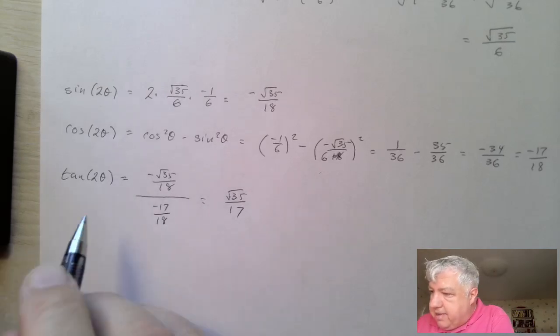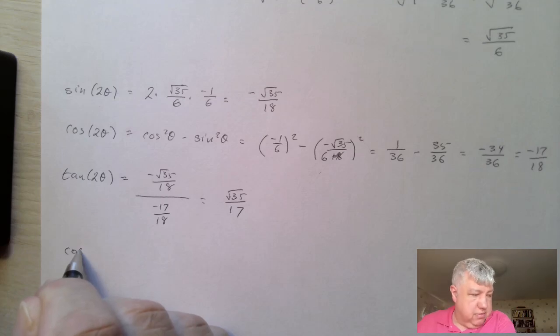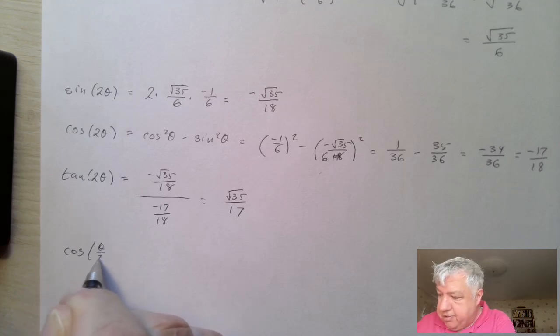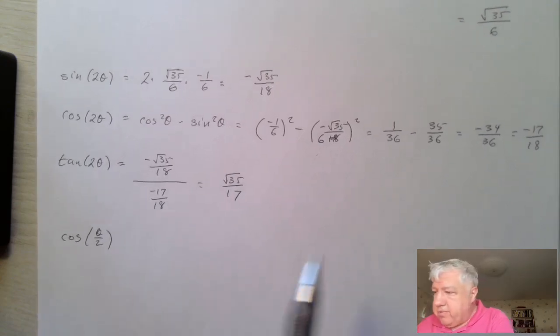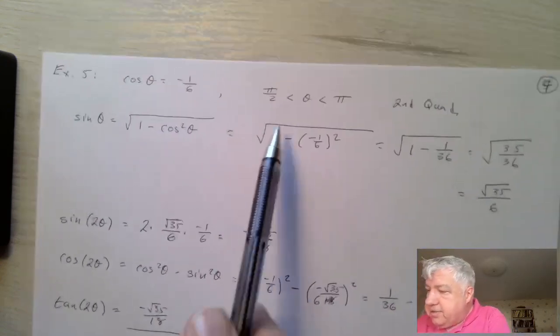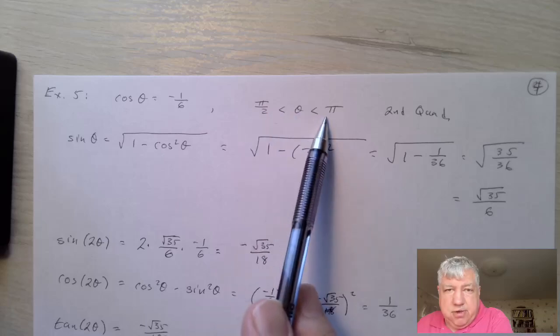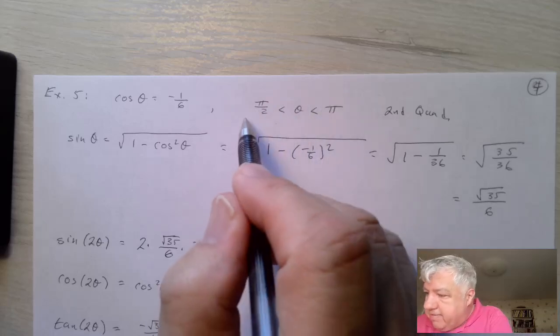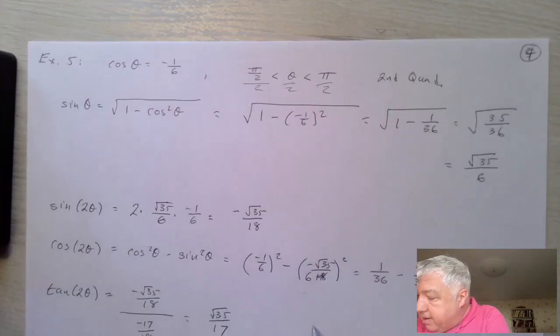Let's look at the cosine of theta divided by 2. Let's first of all figure out what quadrant we're in. Because theta is between pi over 2 and pi, we can divide everything by 2, and we'll get that theta over 2 is between pi over 4 and pi over 2.